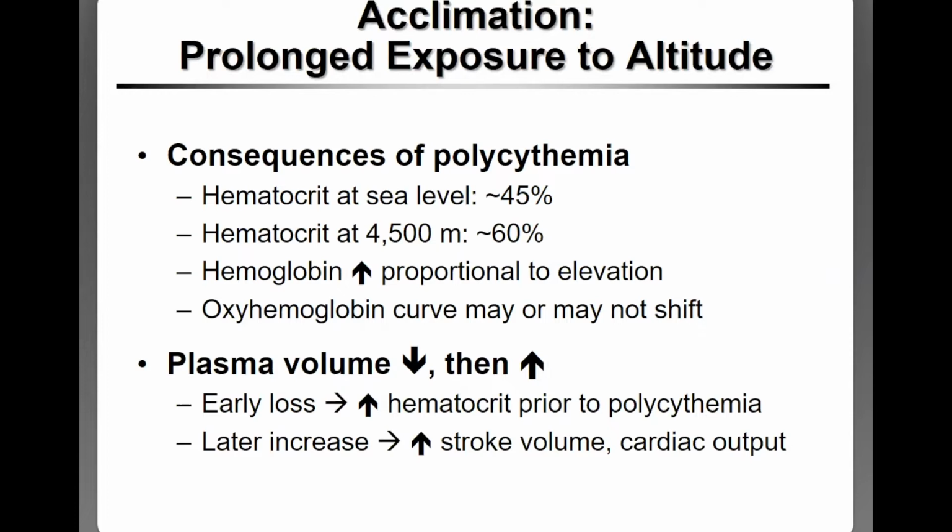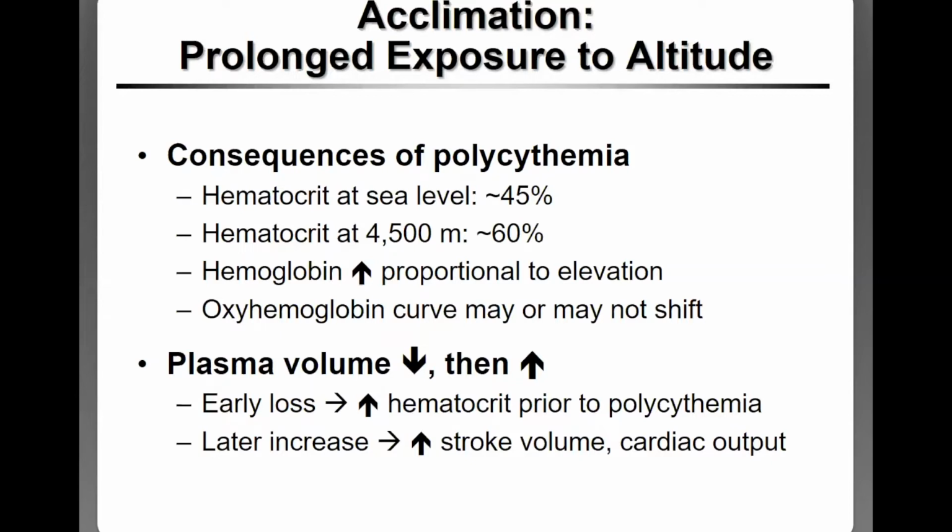Although our oxygen carrying capacity has increased, we also need to remember that an increase in red blood cell count, or polycythemia, increases the viscosity of the blood and decreases blood flow. Our plasma volume, as we discussed earlier, drops off as soon as we ascend to altitude.